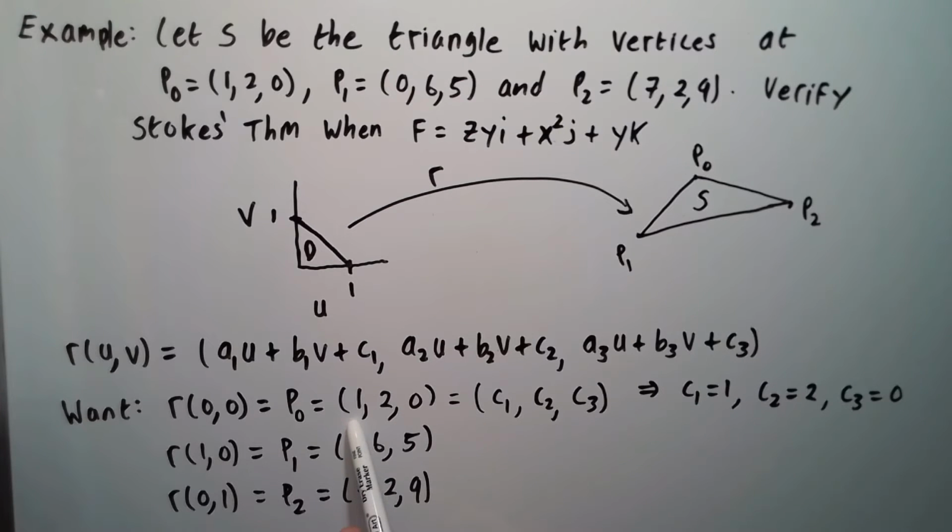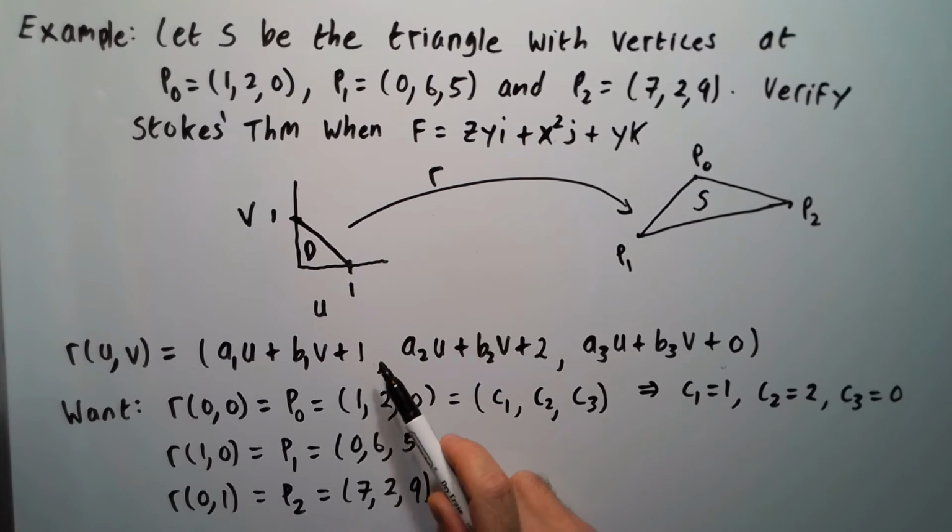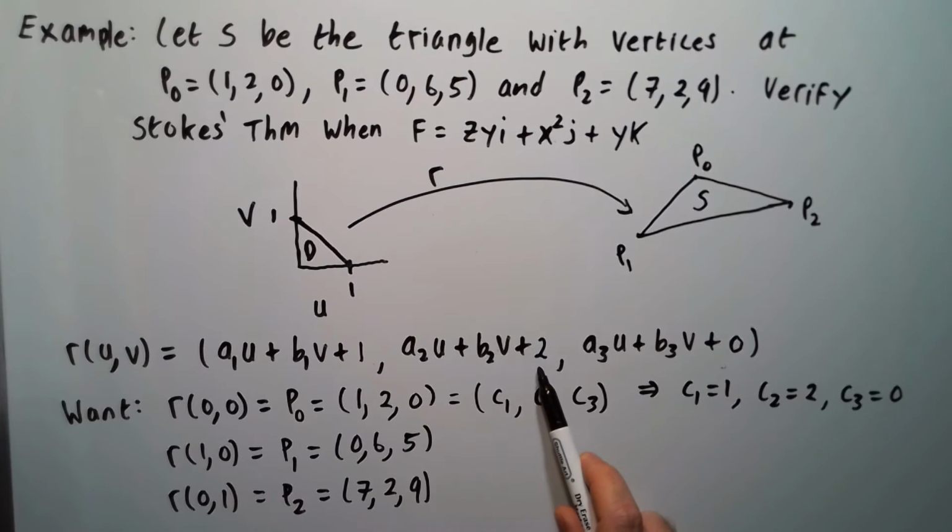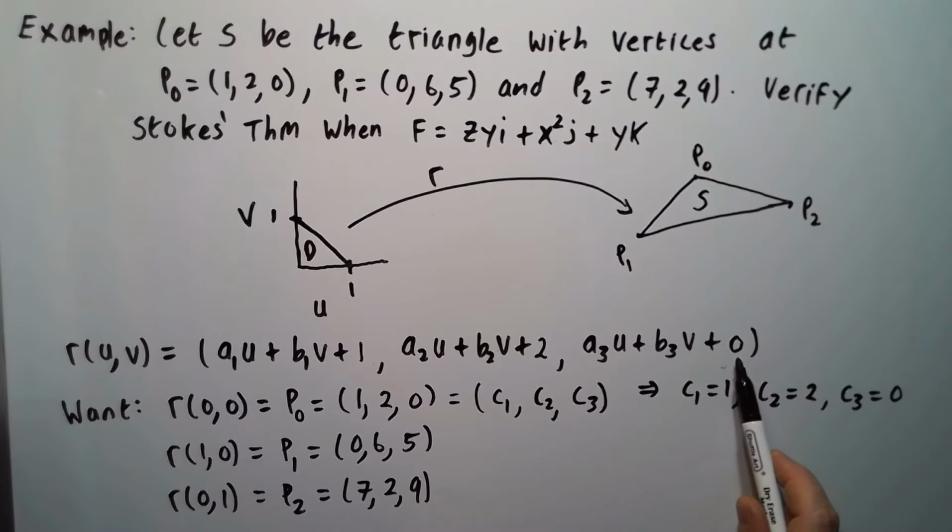That has to equal the point (1, 2, 0). It means that C1 needs to be 1, C2 needs to be 2, and C3 needs to be 0. Okay, so let's replace those up here now. I'll replace my C1 with 1, my C2 with 2, and my C3 with 0.